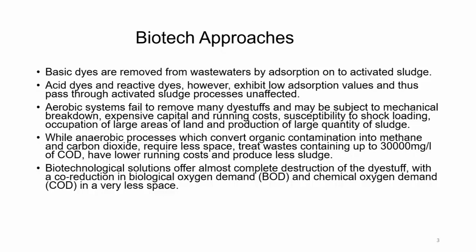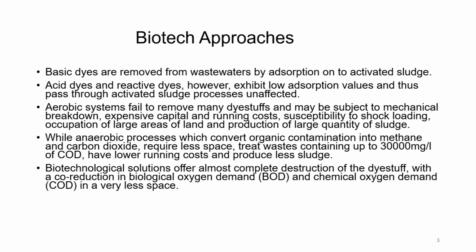Aerobic systems fail to remove many dye stuffs and may be subject to mechanical breakdown, expensive capital and running cost, susceptibility to shock loading, occupation of large areas of land and production of large quantities of sludge.